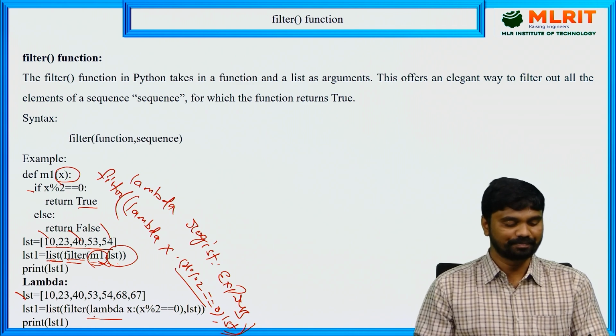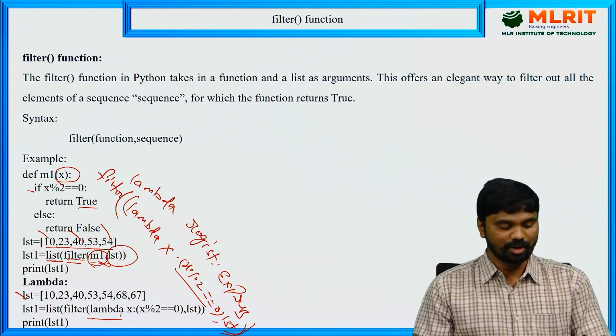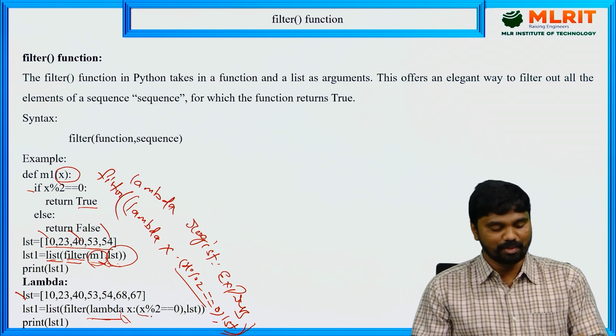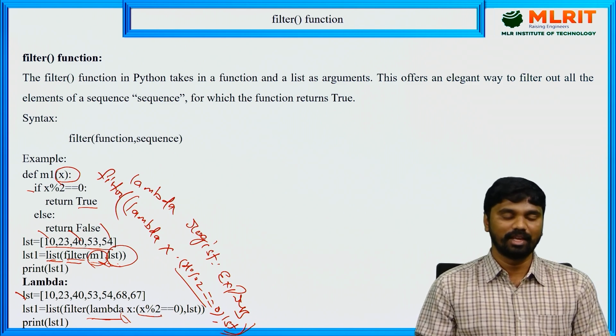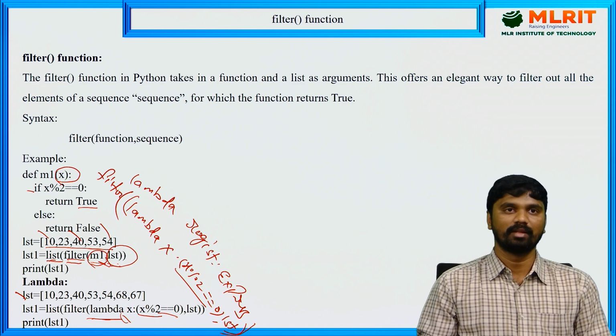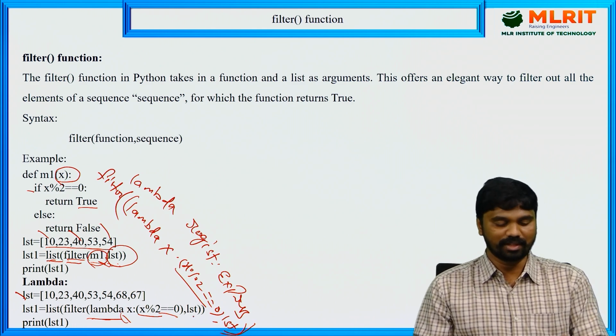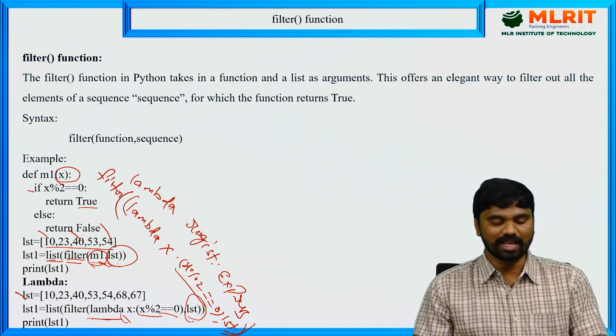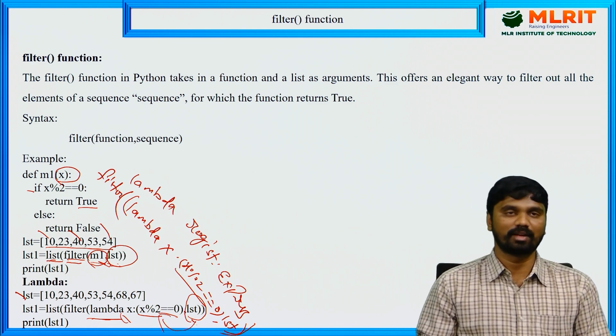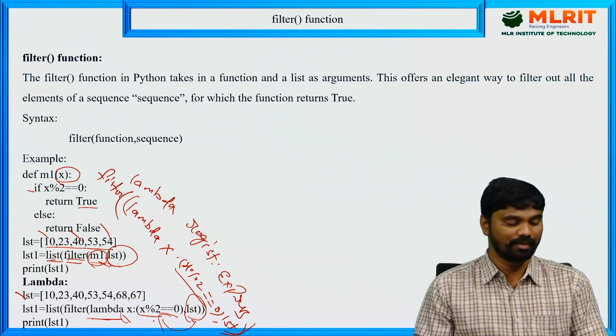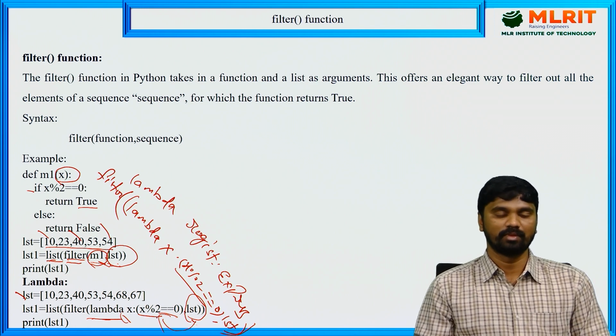Here, the lambda argument list is only one argument, that's why it is x, and x modulus 2 equals 0. That means whatever the sequence elements present in this LST, those elements have to be computed here. For example, 10 modulus 2, yes, it returns true.